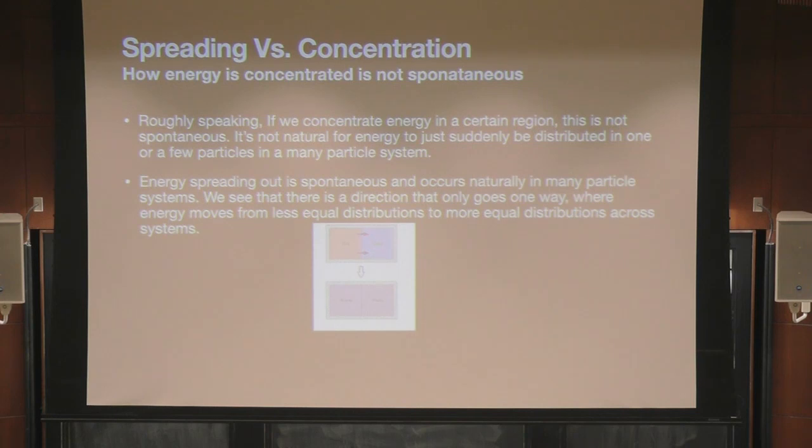Okay, so how energy is concentrated is not spontaneous. If we concentrate energy in a certain region, it's not spontaneous. It's not natural for energy to just suddenly be distributed in one or a few particles in a many particle system. So an example is, I could do something to this system to actually reduce the entropy of the system.